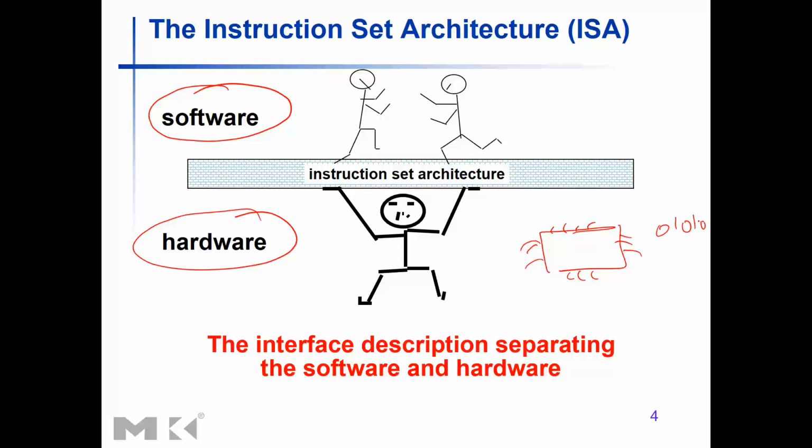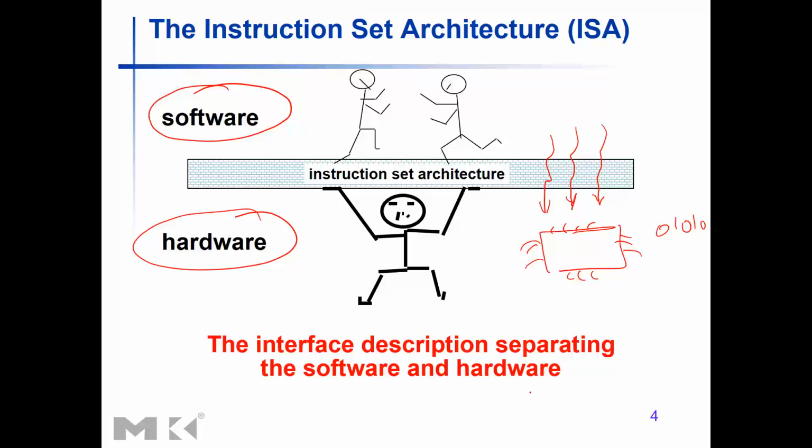It executes operations on data, and both the operations and the data are expressed in ones and zeros. Now, who is driving these things? We have to drive this microprocessor to do what we want through the instruction set architecture. The instruction set architecture consists of the knobs that allow me to operate the microprocessor.